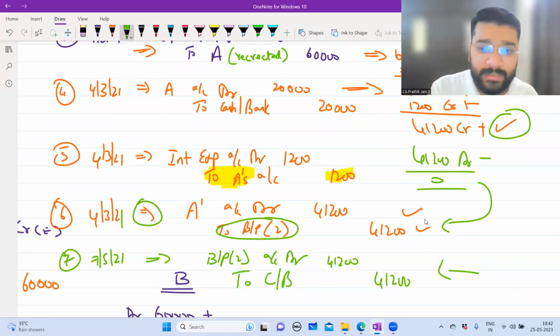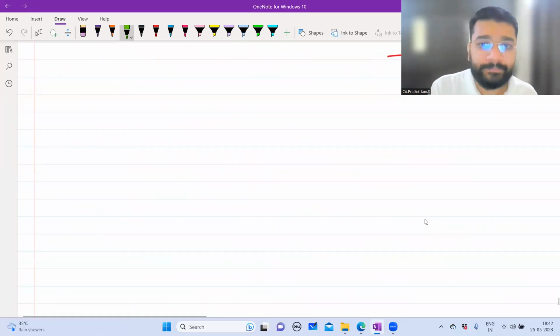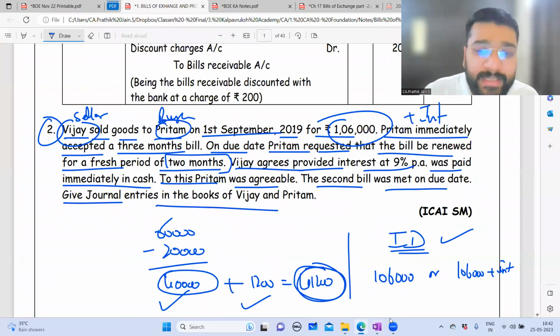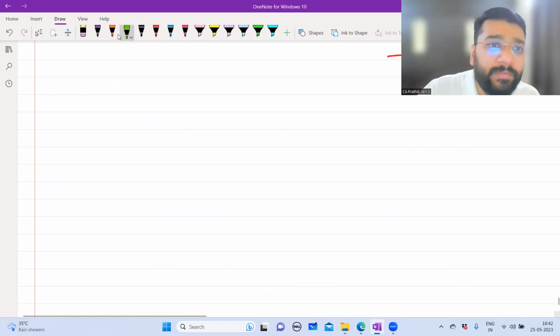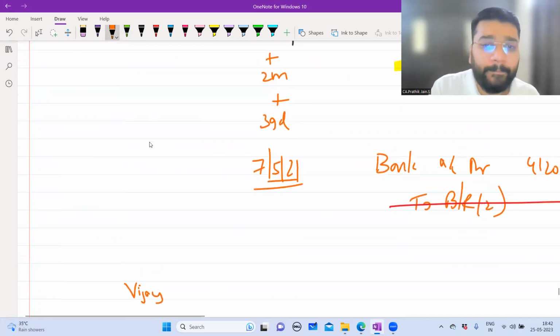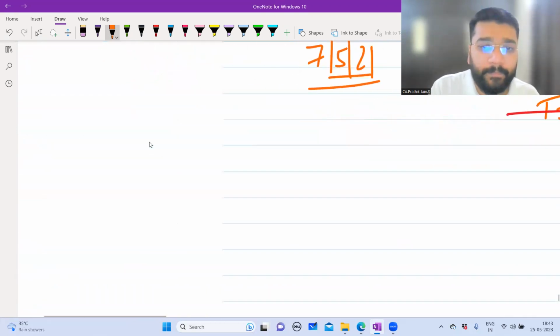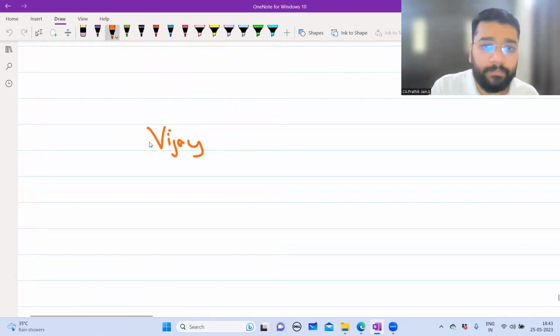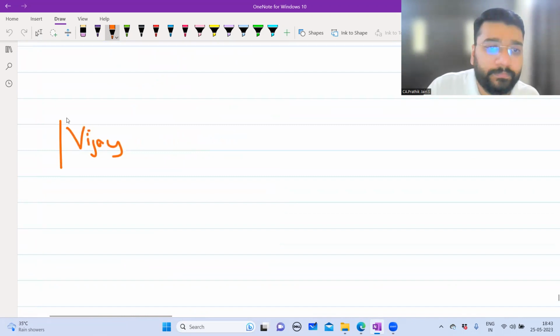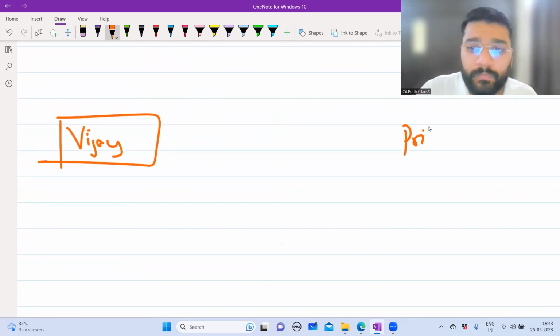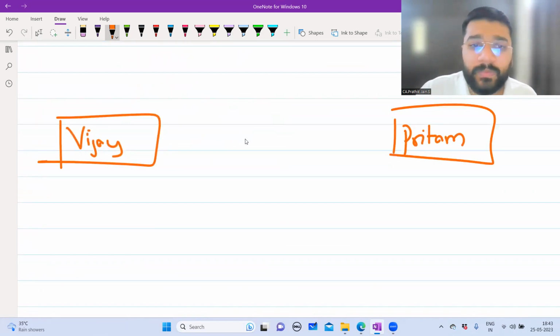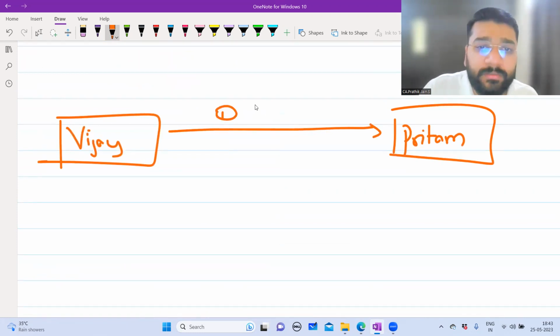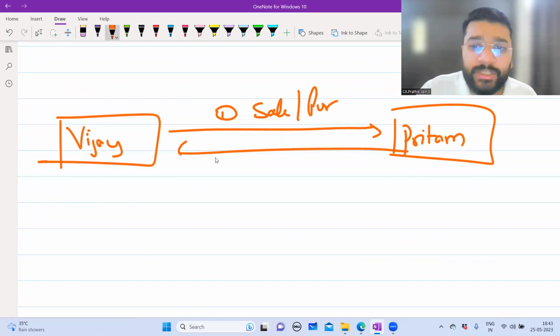Let's do it, guys. Vijay seller, Preetham buyer. Very quickly we'll draw it. First transaction is the sale or purchase transaction. Second transaction is bill of exchange execution.